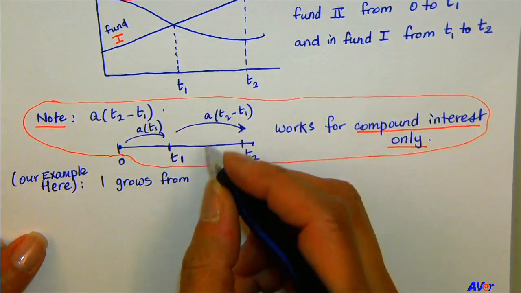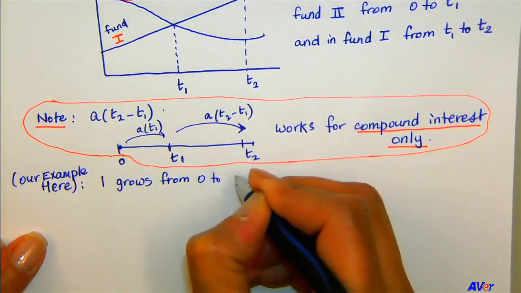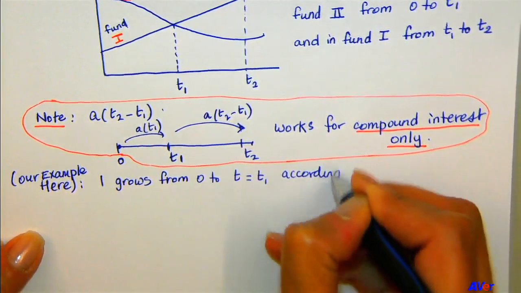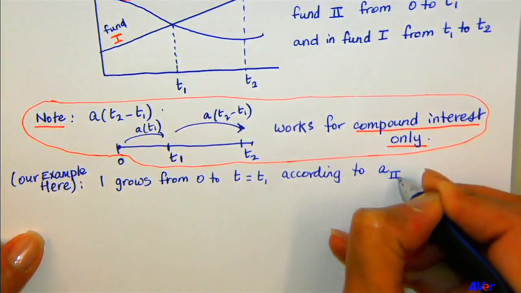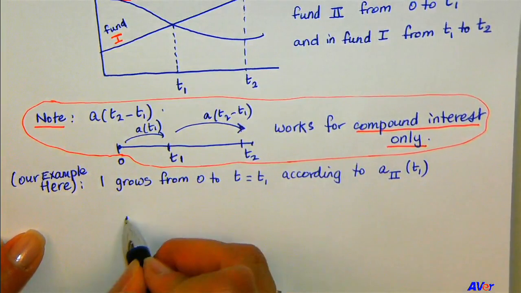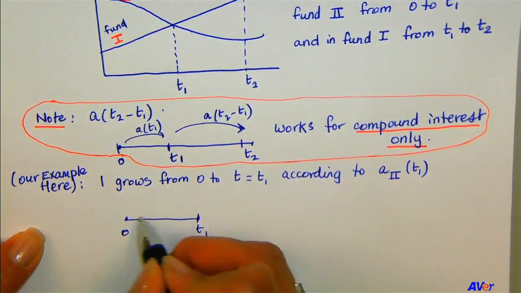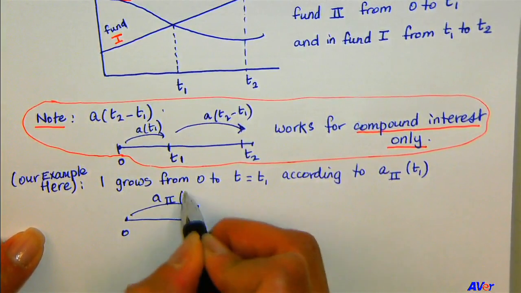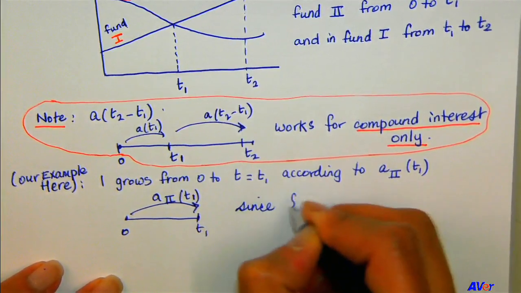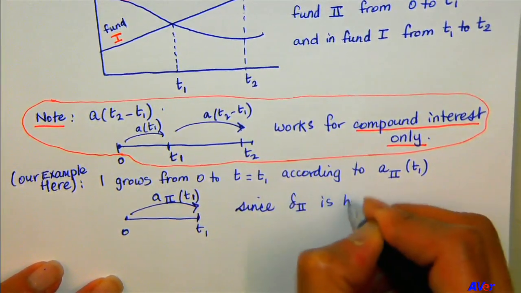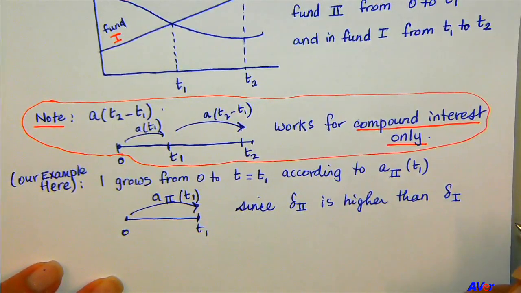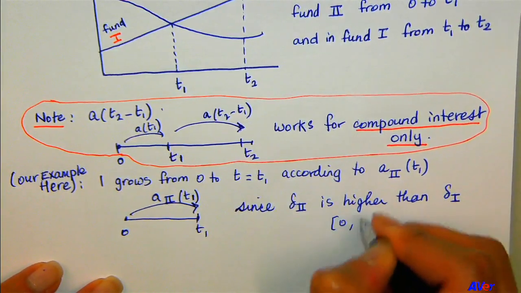1 grows from 0 to T1 according to A2 of T1. Meaning, to go from 0 to T1, I do A2 of T1, since delta 2 is higher than delta 1 on 0 to T1.